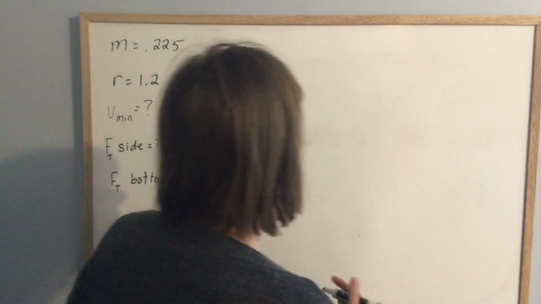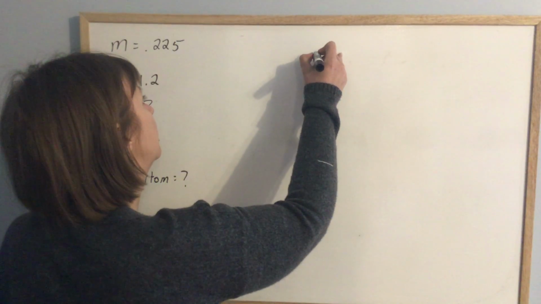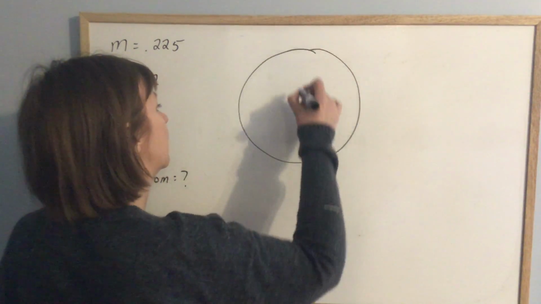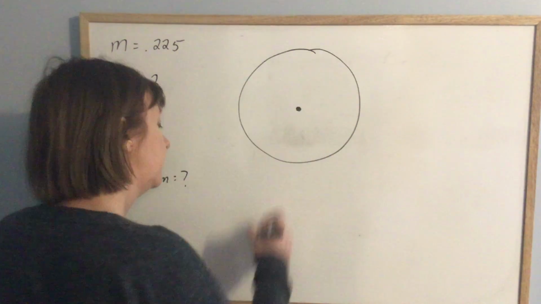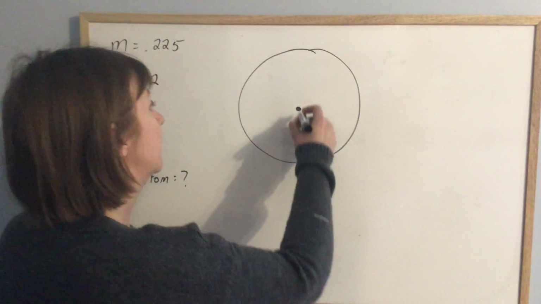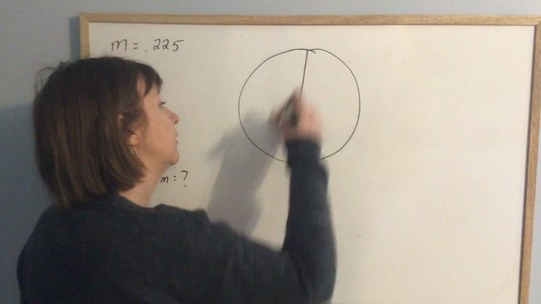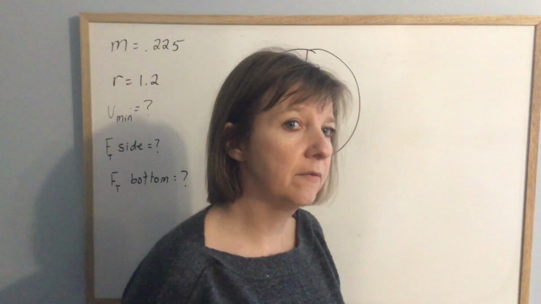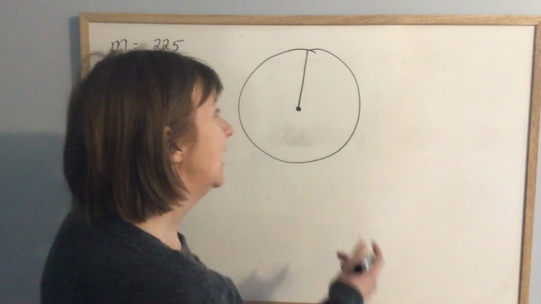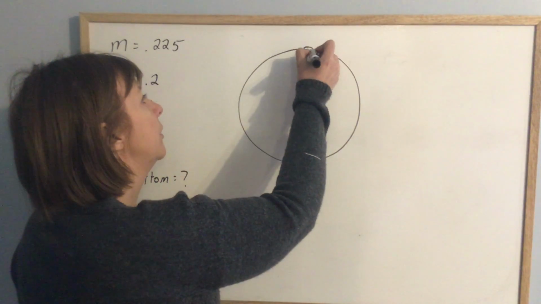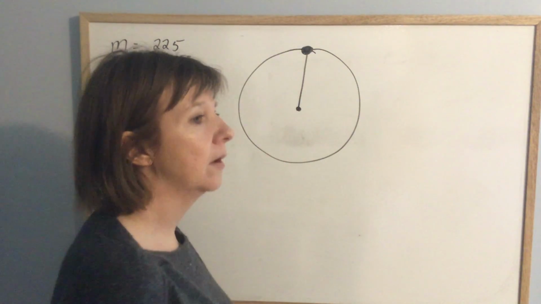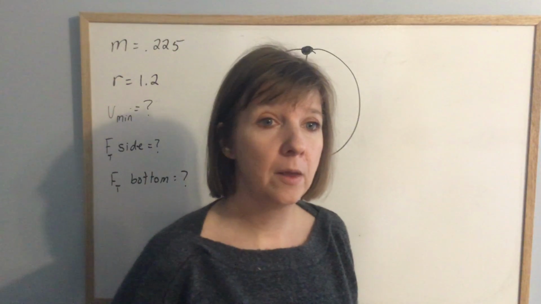So let's think about you swinging a yo-yo around in a circle, all right? And so the string is 1.2 meters. So that's the radius of this circle. Let's think about when the yo-yo is here at the top of the circle.